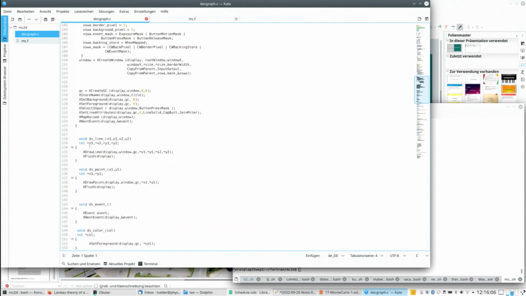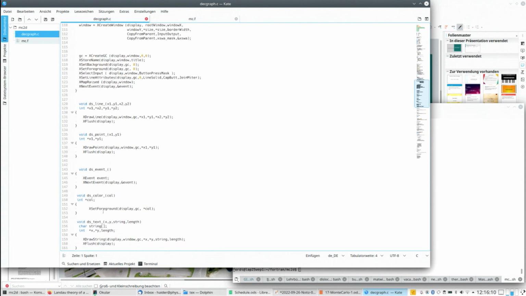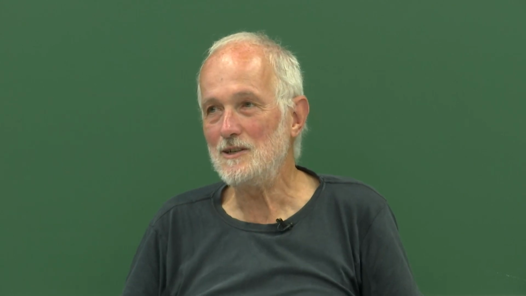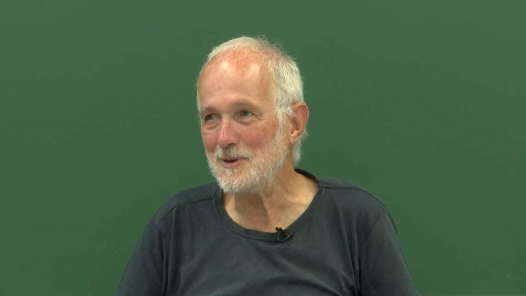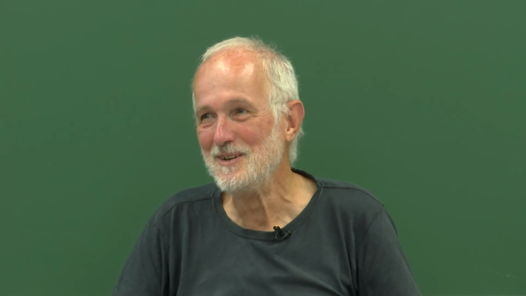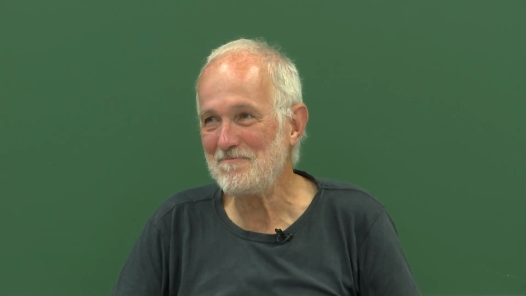Here you draw a line, you draw a point, you draw nothing, you put a color onto a region, you draw a circle, and so on. But it still works. You have to have the X11 developer libraries, and if you compile or link the code, you have to give this X11 library, and then it still works. I myself was astonished. I did not touch this code for a long time, but still.